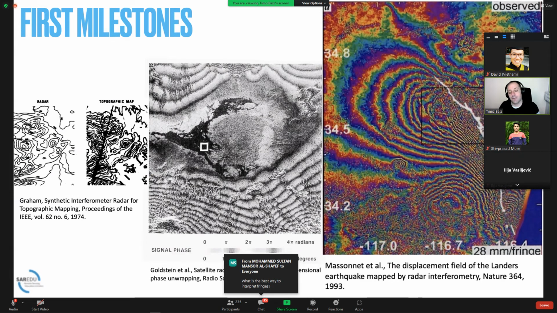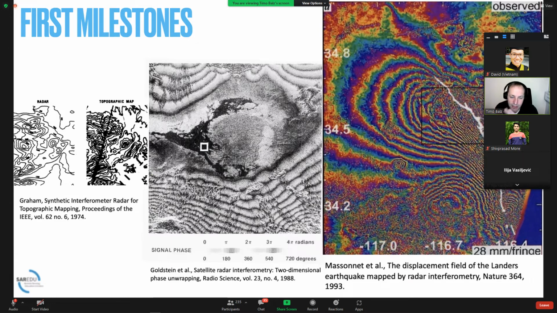Now, in our course here, we are focusing on the motion part, but as the methods were developed also for DEM, we're going to start with explaining how we create a DEM.